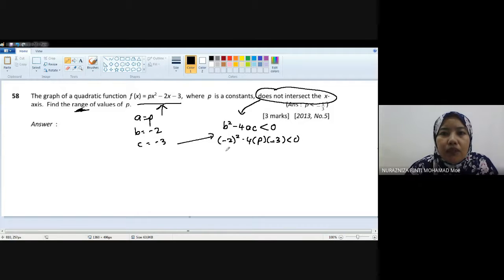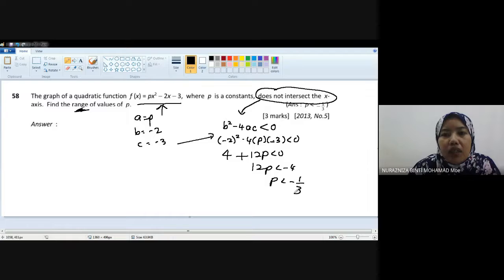So negative 2 squared we get positive 4, plus negative 4 times negative 3 is positive 12p is less than 0. So 12p is less than negative 4. p is less than negative 4 over 12, so it is equal to negative 1 over 3. Okay, so refer to the keyword: does not intersect the x-axis.